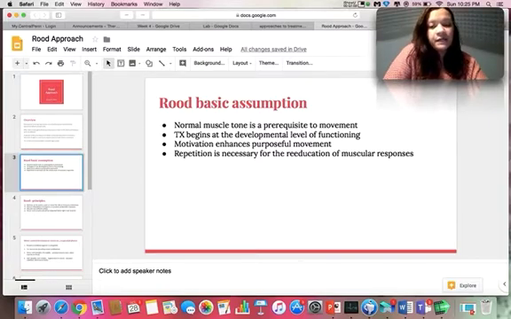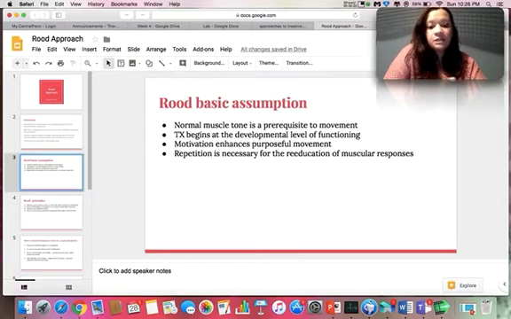Her theory came about in the 1940s and developed from literature on both developmental and neurophysiology. She took that literature and combined it with her clinical experiences and what she knew to create her treatment approach, the Rood approach. Unfortunately, Margaret Rood was not the best at record keeping, so much of what is available is based on interpretations from PTs and OTs who have studied her work.